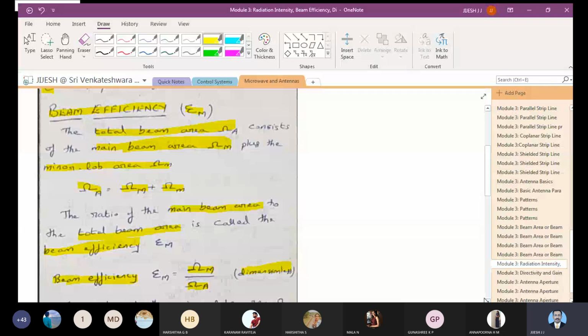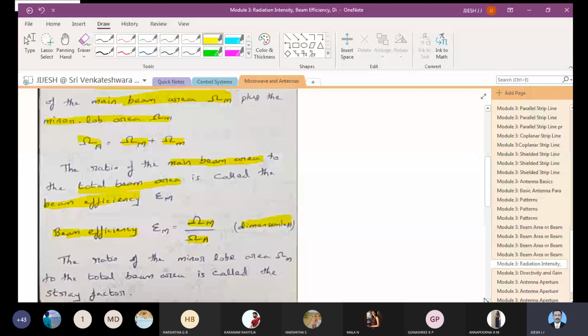There is one more combination possible, that is omega small letter m divided by omega A. What is that called? That is called the stray factor, where the ratio of the minor lobe area, omega small letter m, to the total beam area is the stray factor.